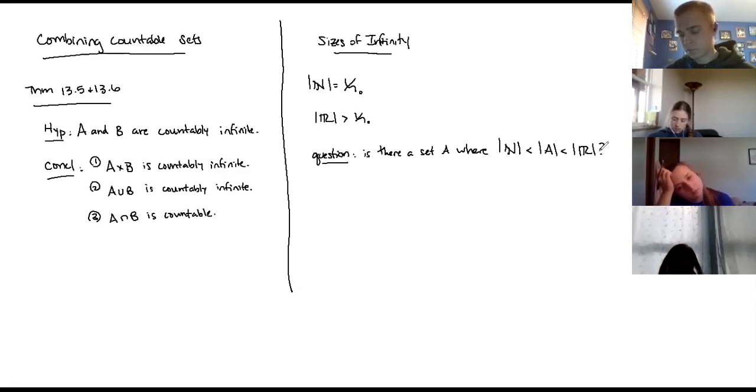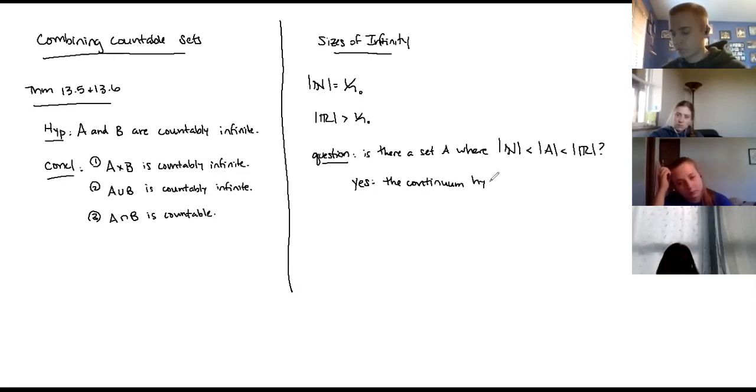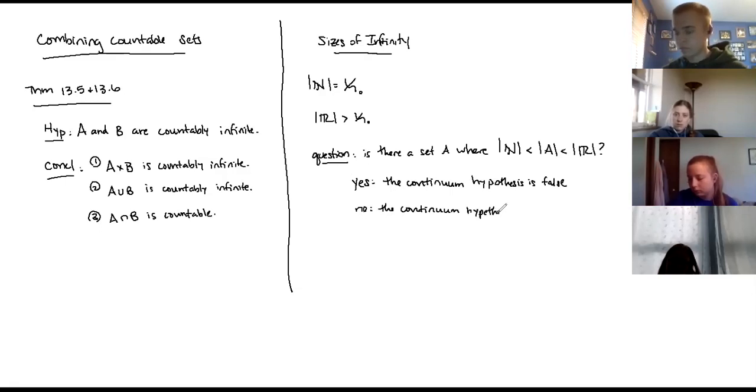And the answer is we don't know. We're not sure. There's actually more of an answer than that. If we say yes, then our assumption, this is called the continuum hypothesis. So if we say yes, then the continuum hypothesis is false. If we say no, then what we're saying is the continuum hypothesis is true.